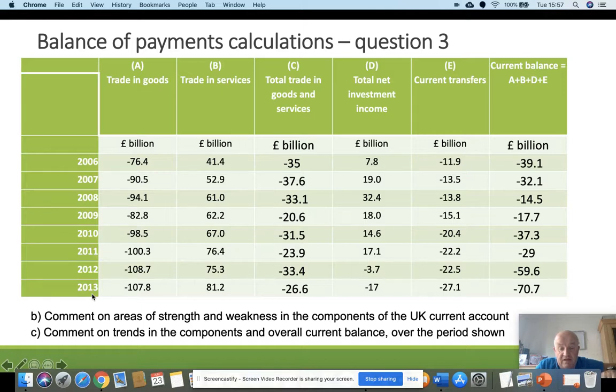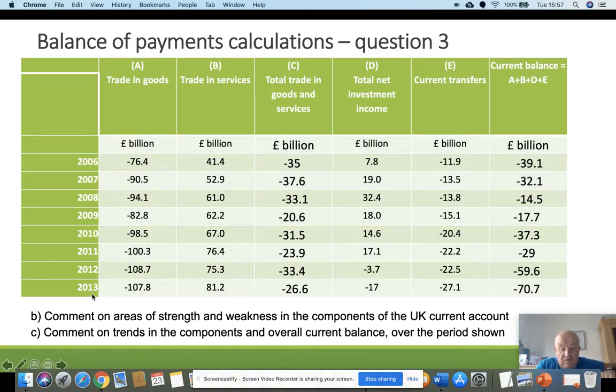So that clearly is sort of helping to balance the books a wee bit. Although having said that, we are still significantly in deficit when it comes to looking at total trading goods and services.